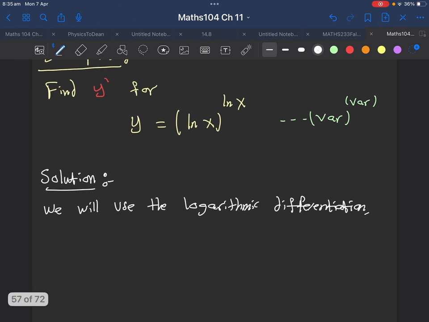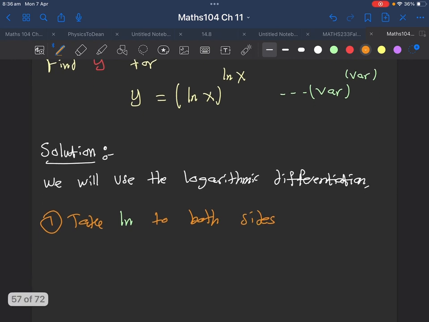Now, what is logarithmic differentiation? Remember, the first step is we take the ln for both sides. What does taking the ln for both sides mean? It means just put ln here and ln here, keep everything as it is, and then we will think about what we can do.